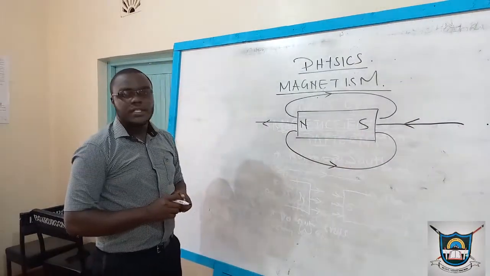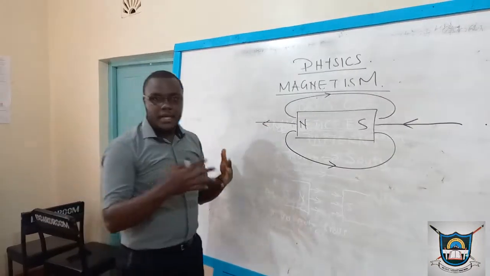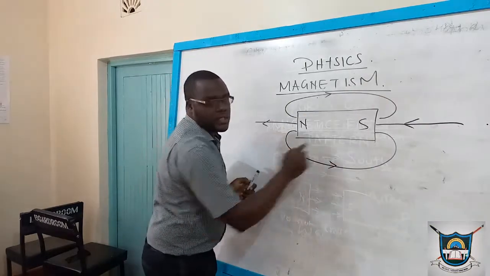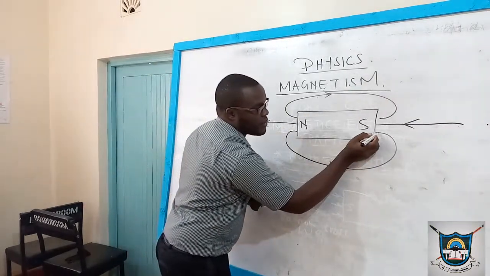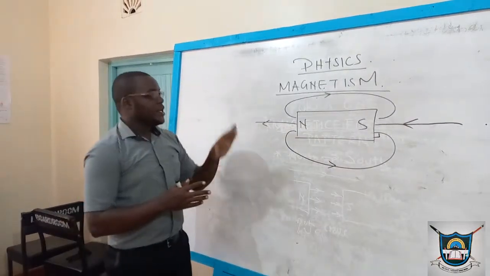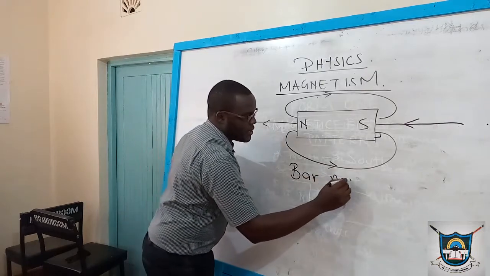Drawing it that way, it's correct because, number one, I have not crossed my magnetic field patterns. Number two, they are all running from north to south, and if you look at one of the patterns, it is leaving the surface at 90 degrees. This is the field pattern of a bar magnet.